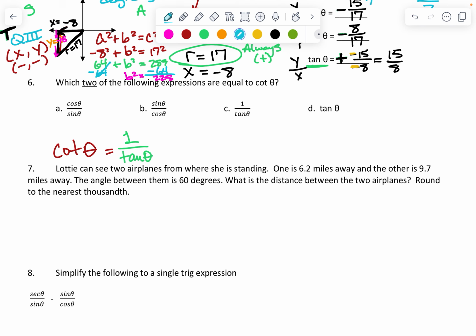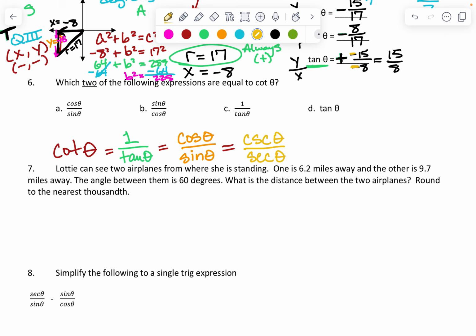We could go counterclockwise and you would get cotangent equals cosine over sine. Or we could go clockwise and you would get cotangent equals cosecant over secant.